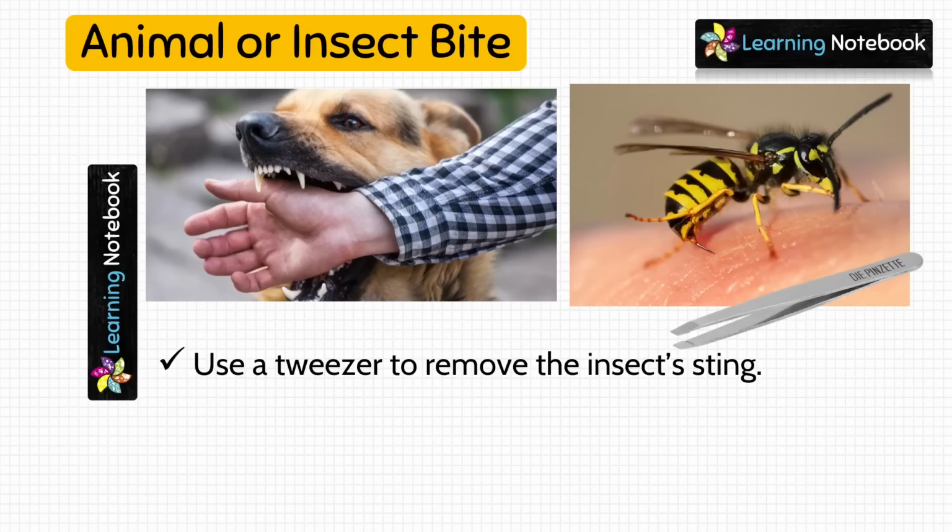But make sure to take the patient to the doctor for the treatment of rabies. And what is rabies? It is a disease which is caused by dogs or monkeys bite. So after giving the first aid to the patient, we should take him to the doctor for the treatment of rabies.